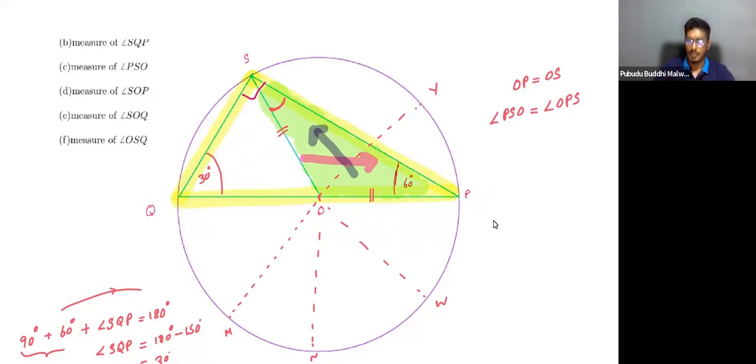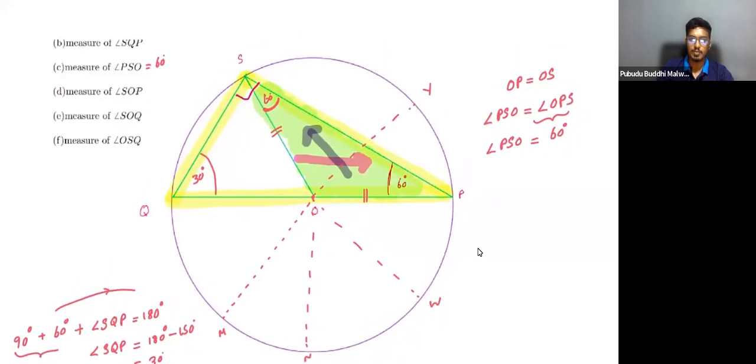We have OPS, that's 60 degrees, so let me replace OPS by 60 degrees. Therefore, PSO equals 60. 60 and 60. So that's the answer for part C. For part B, we found SQP, that's 30 degrees.